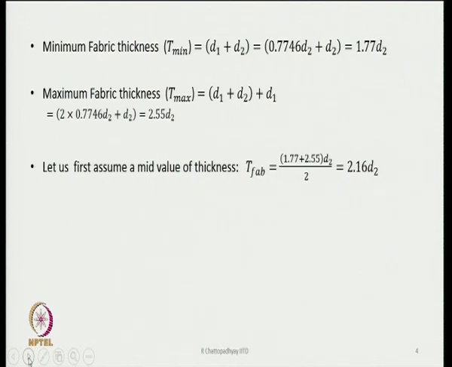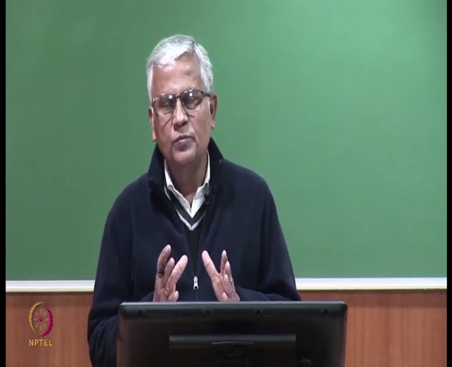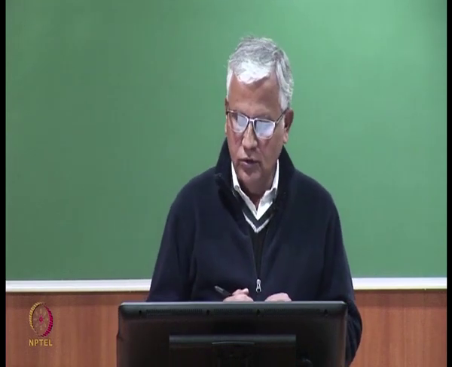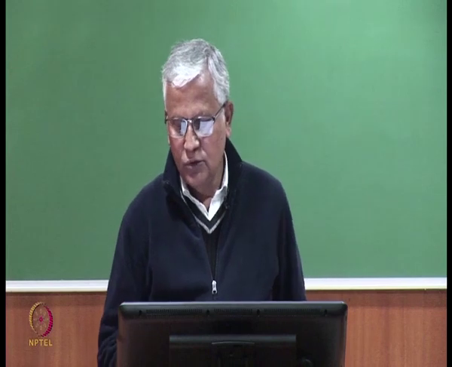After the fabric is woven, the yarns get compressed and take mostly an elliptical shape, and based on that the thickness is decided. But we know the two limits, upper limit and lower limit, and let us assume as an initial estimation that it is in between these two. So, it is half of the sum, which is 2.16 D2.